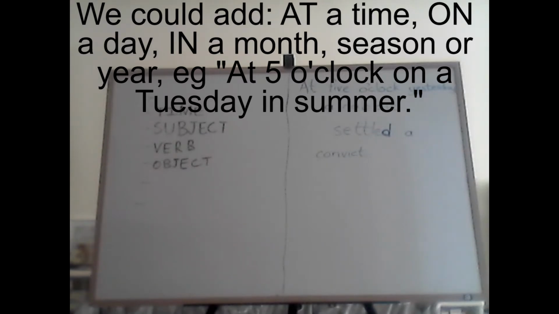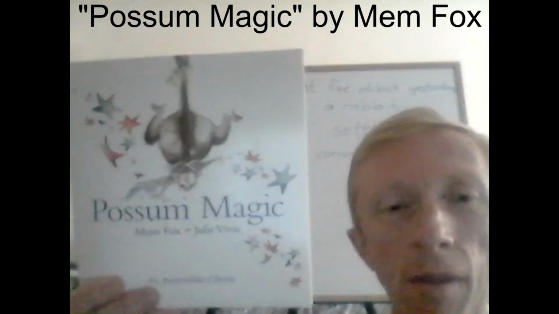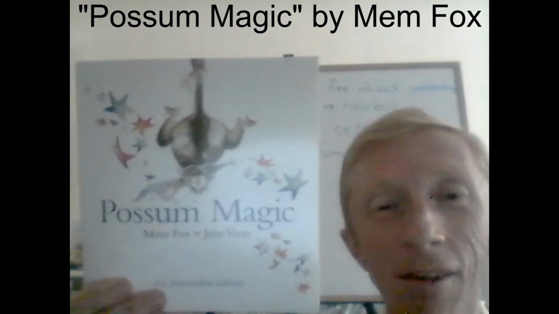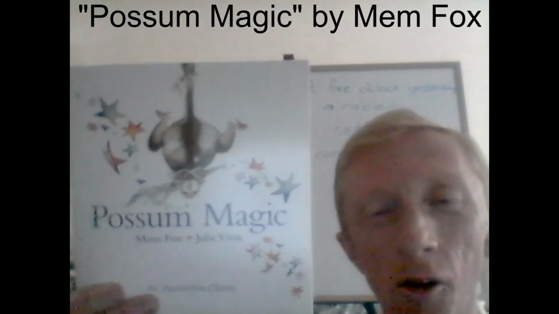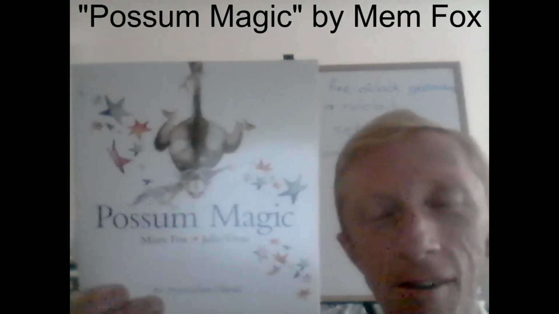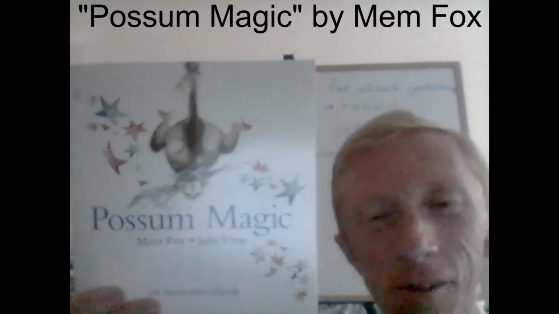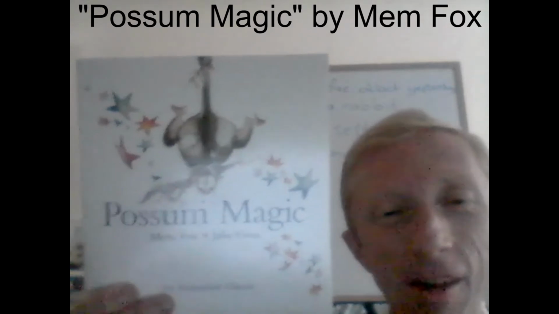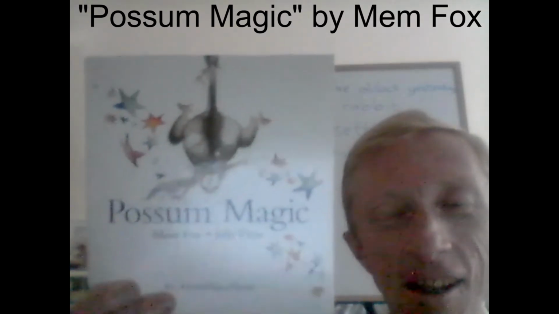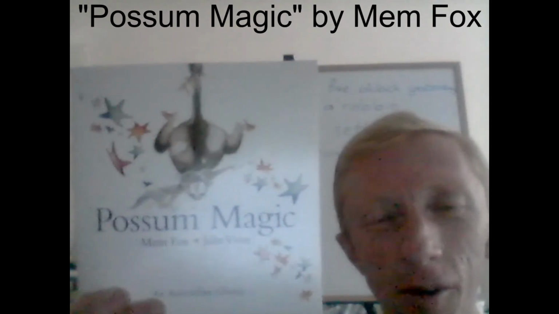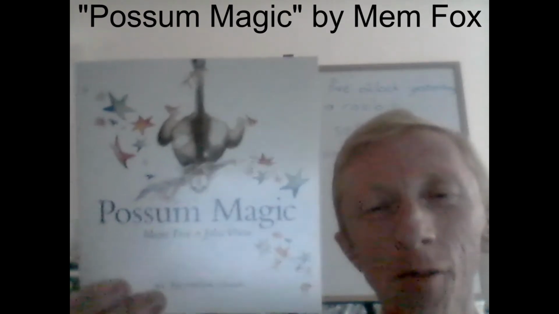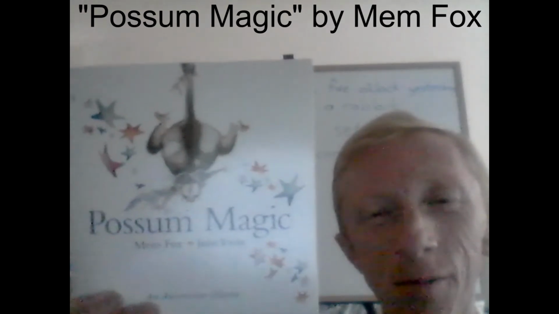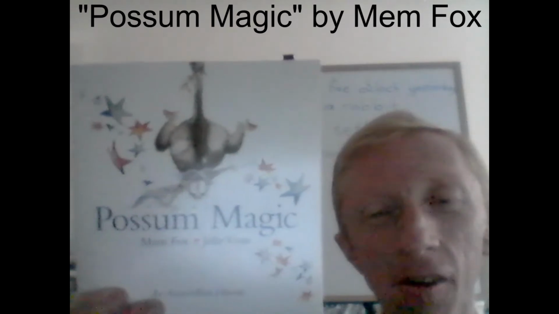So now let's see if we can find out where this happened. You won't believe how much you can learn about places and animals and food in Australia by reading this one little children's book, Possum Magic by Mem Fox.